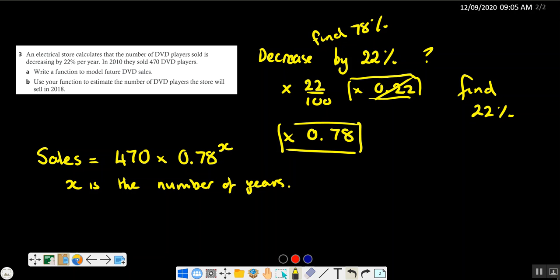X is the number of years. Right, use your function. So that's it, right?